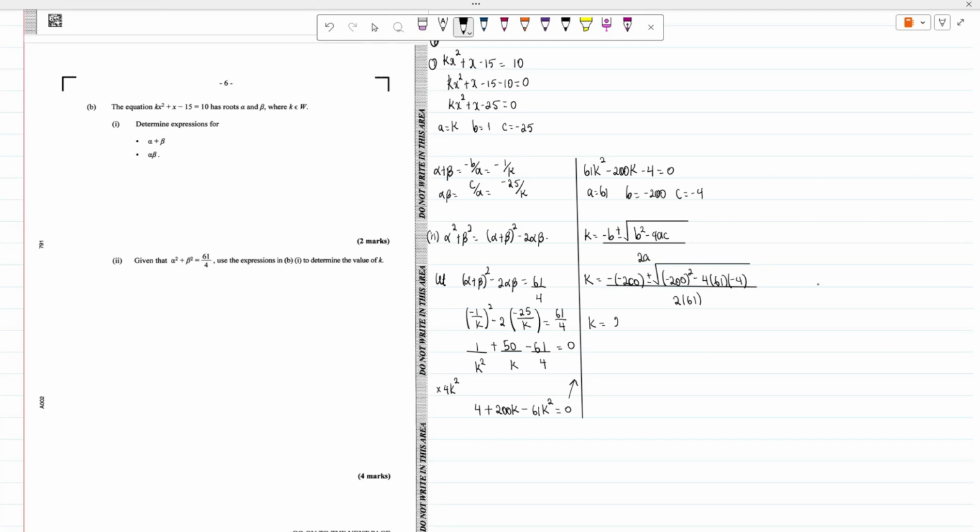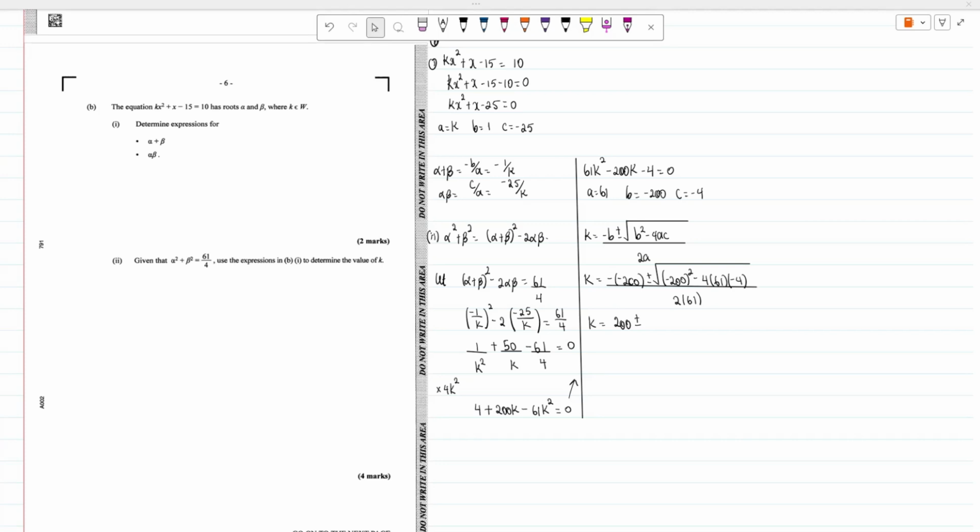k is equal to 200 plus or minus, and I'm going to actually work out what this number is. So I get 200 squared minus 4 multiplied by 61 multiplied by minus 4.